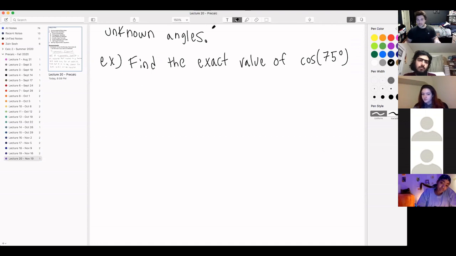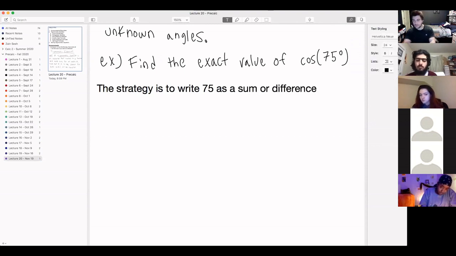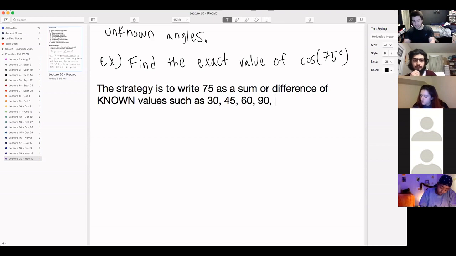Okay, so here is the deal. The strategy is to write 75 as a sum or difference of known values, such as 30, 45, 60, 90, 135, etc. And why would we do that?